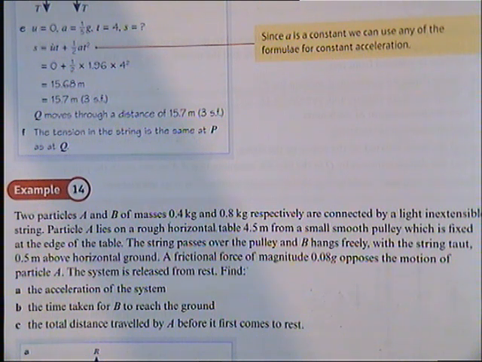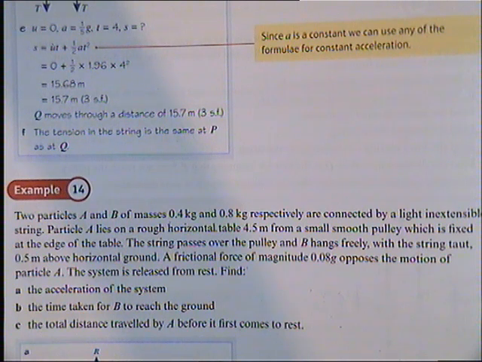Two particles, A and B, of mass 0.4 kg and 0.8 kg respectively, are connected by a light inextensible string. Particle A lies on a rough horizontal table 4.5 meters from a small smooth pulley which is fixed at the edge of the table.